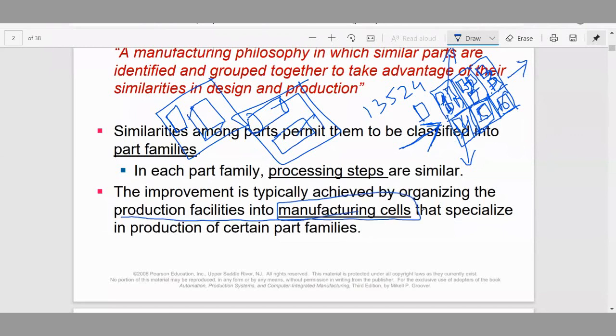That's the reason it is called cellular manufacturing, which specializes in production of certain part families. When a group of parts is made, it is called a part family. All cylindrical parts come in one part family, and cubical parts are a different part family.